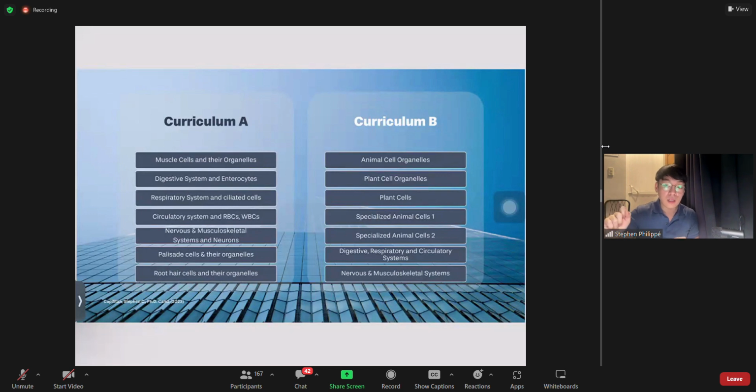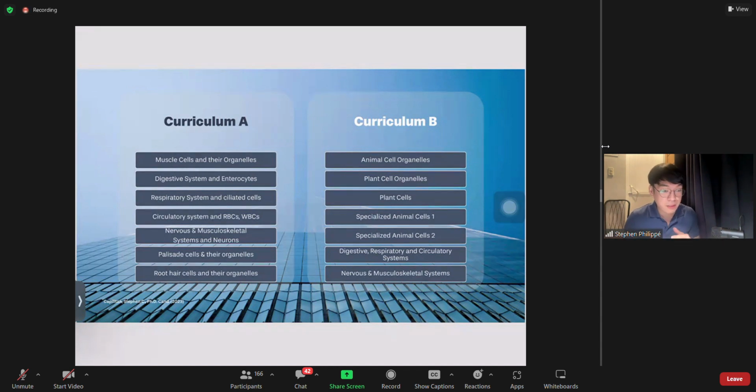That means when you discuss the muscle cells, you also discuss the organelles, because the kids are quite confused with a muscle cell versus a typical animal cell. There are some terms in the muscle cell, like sarcoplasmic reticulum, that they don't relate to the typical animal cell. Where do these things come from?